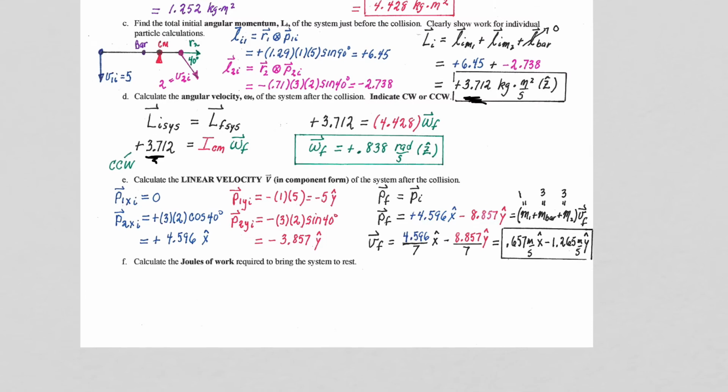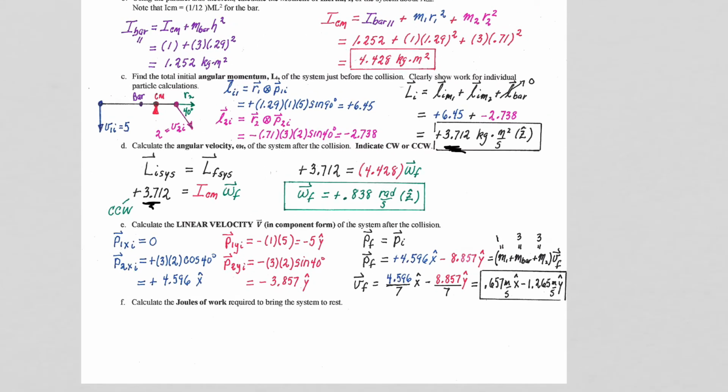So we know the moment of inertia of our composite system around our new center of mass is 4.428. Omega final is what we're solving for, so we just divide by the 4.428 to get the omega final is positive 0.838 radians per second. All right, so that's it for the rotational aspect of the motion, but we said the particle is also moving translationally.